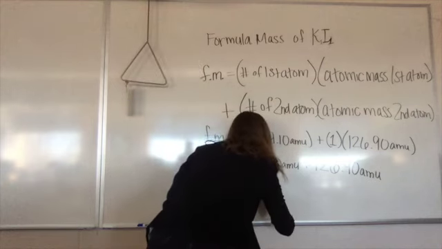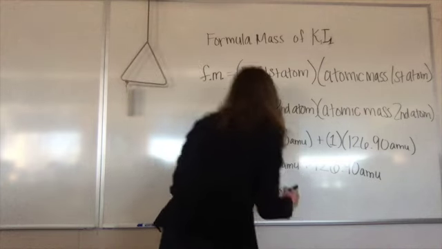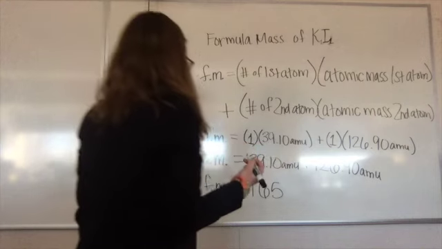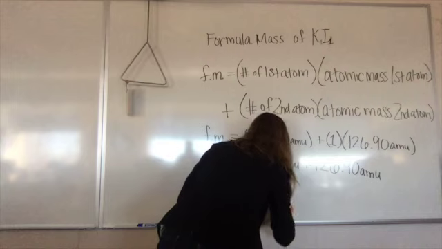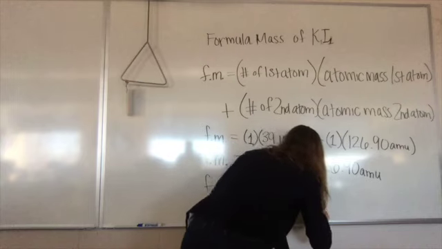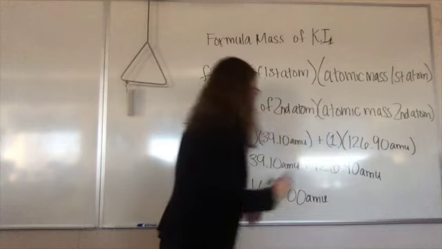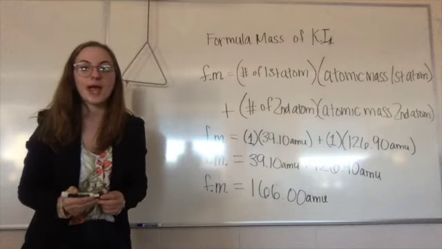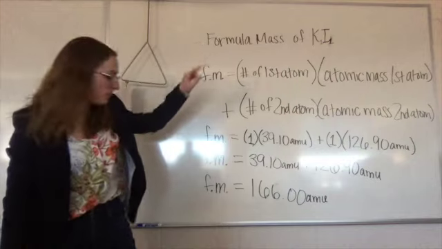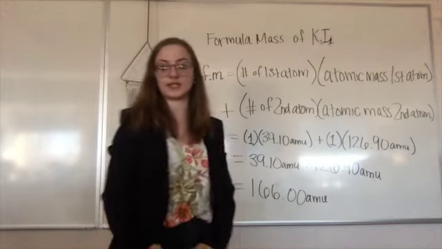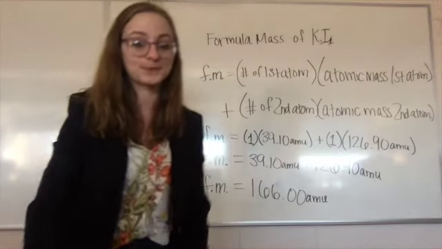That's 166. How tricky. 166.00 AMU when I add those up. So the formula mass for a potassium iodide molecule is going to be 166.00 AMU.